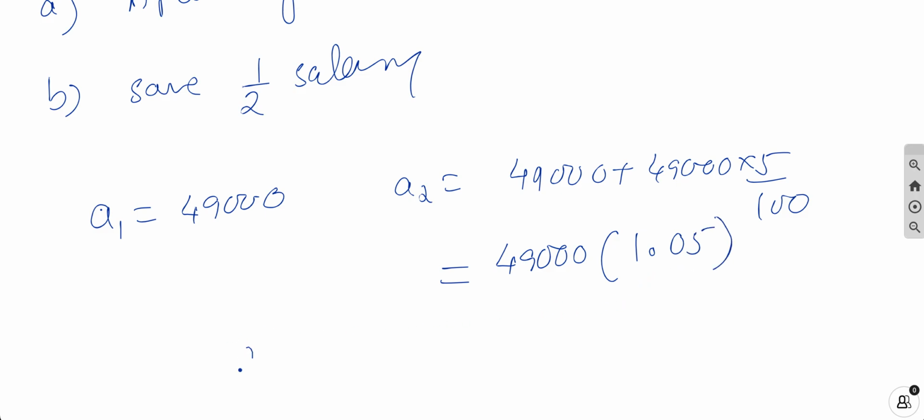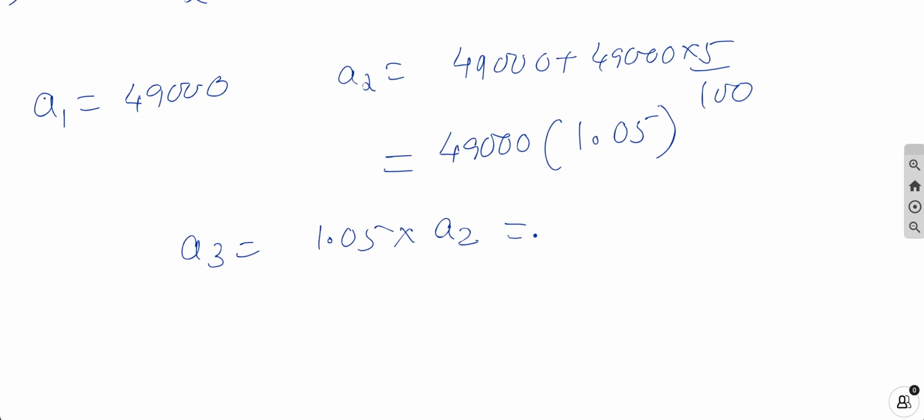What will happen in the third year? Well, it will be 1.05 of the salary at the end of 2 years, or the other way is 1.05 squared of the first term.